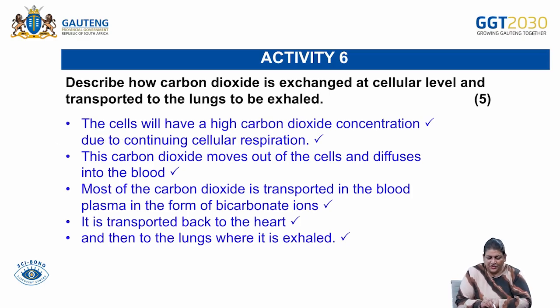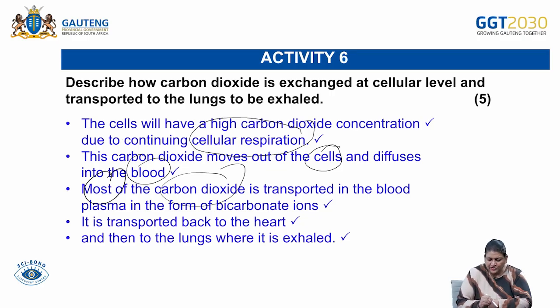Okay. So the cells will have a high carbon dioxide concentration. Why? Due to cellular respiration. This is a very important fact, no? Now, this carbon dioxide from the cells is going to move out into the blood.